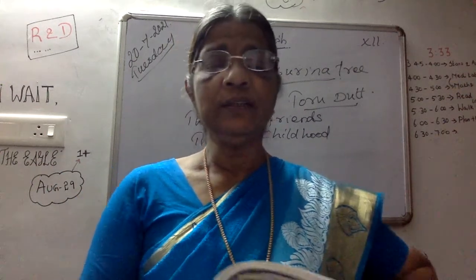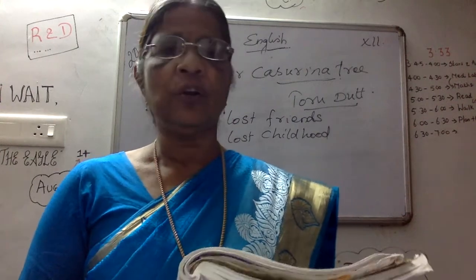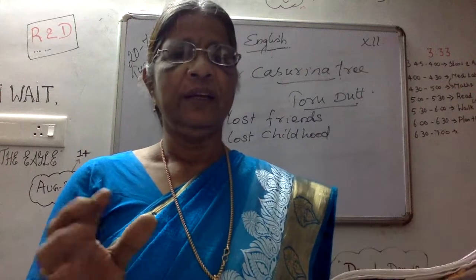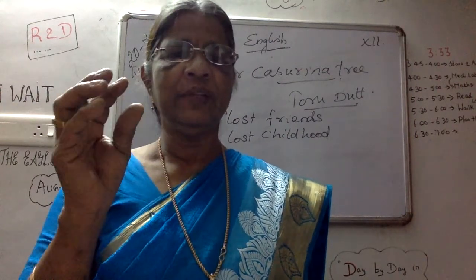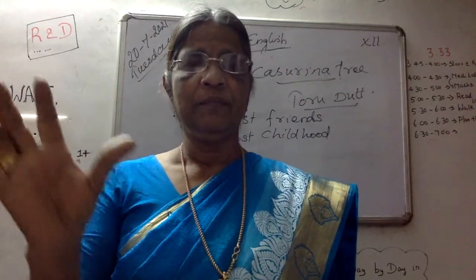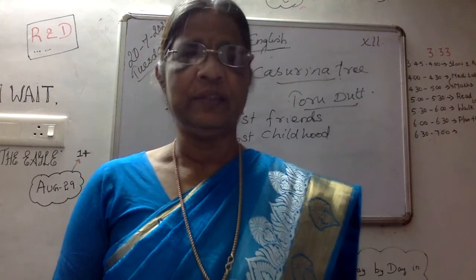And one more thing is explaining with reference to the context. Explain with reference to the context. There you will be writing the name of the poem these lines are taken from, that is, this is from the poem Our Casuarina Tree, written by Toru Dutt.